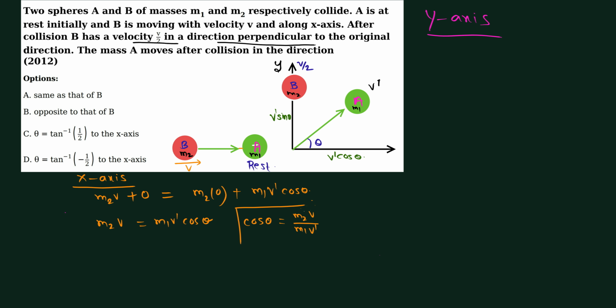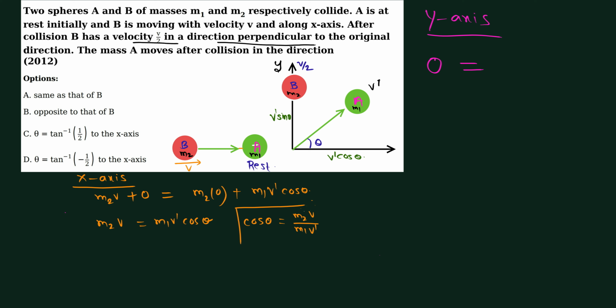There is no motion in the y direction, both spheres lie in the x-axis direction only. Here B is moving, A is at rest. Is there any movement in the y-axis direction before collision? No. So before collision, there is no movement in the y-axis.